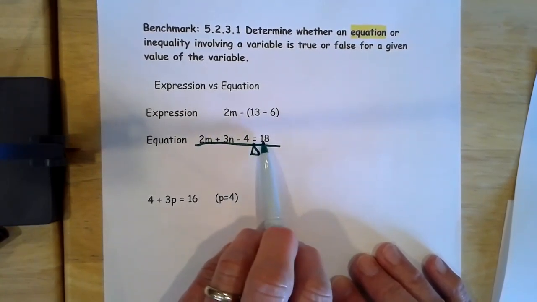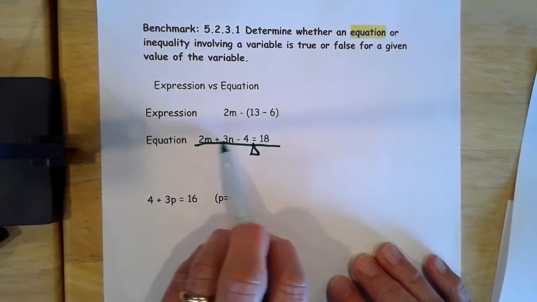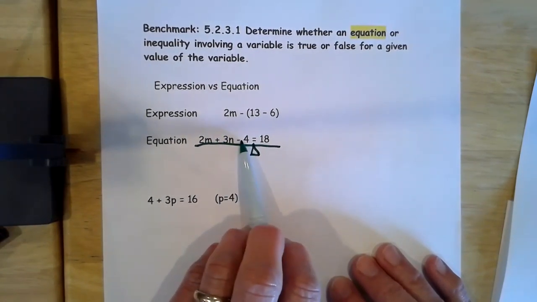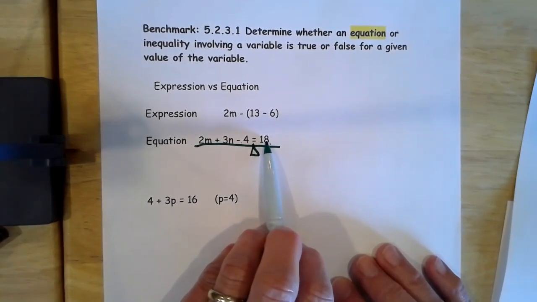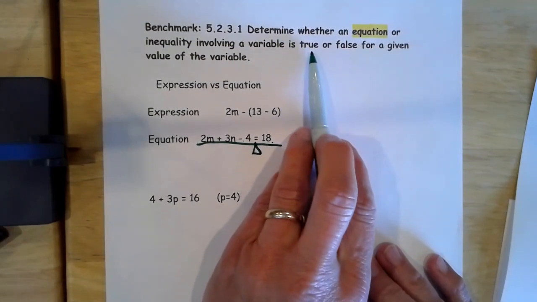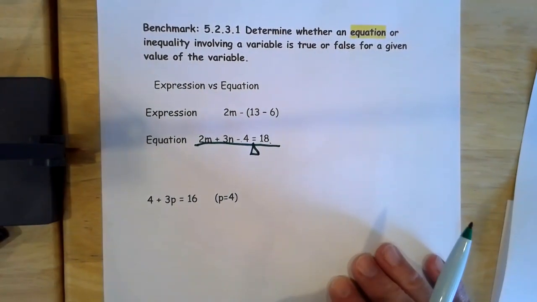So if we know that, and we're given values for these variables, when we solve the left side of this equation, it should be equivalent to the right side. And if it is, that equation would be considered true. If not, we would mark that it's false.